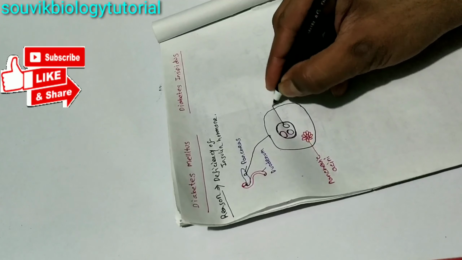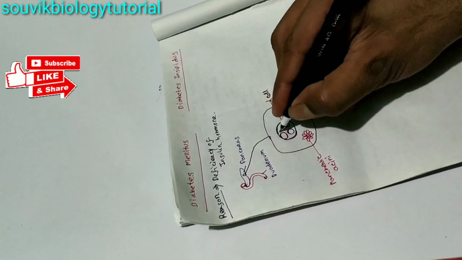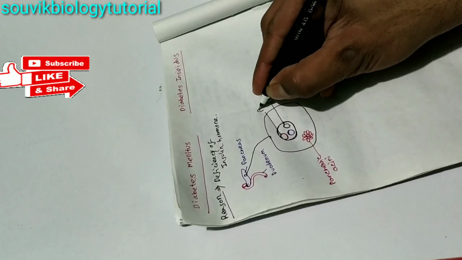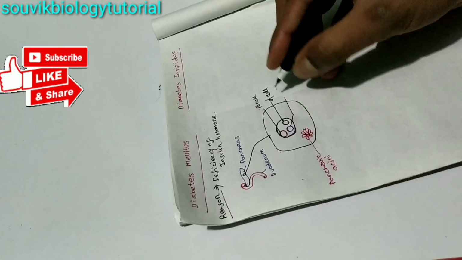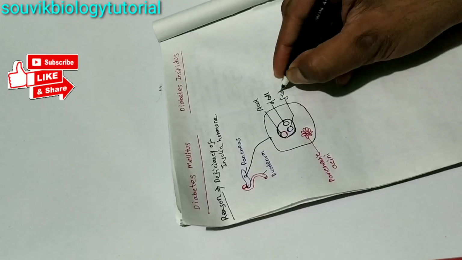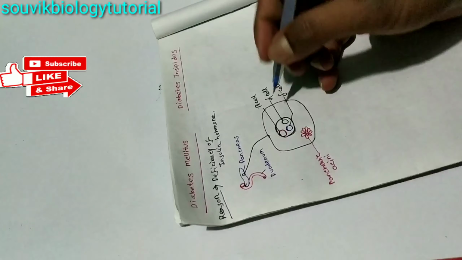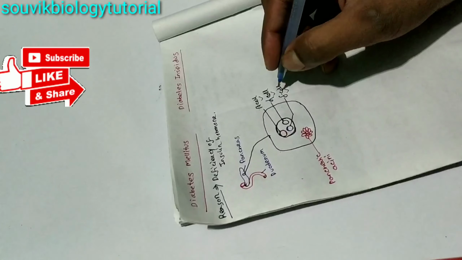This black one is the alpha cell. This red one is the beta cell. And the blue one is the delta cell. And as this is the endocrine part, different hormones are released from these cells.